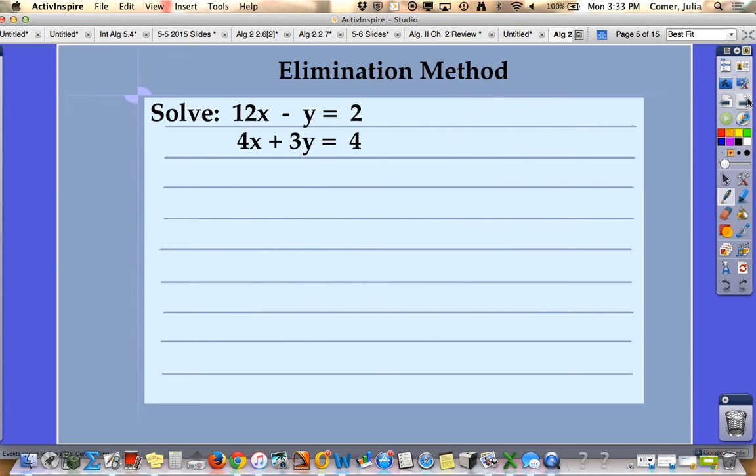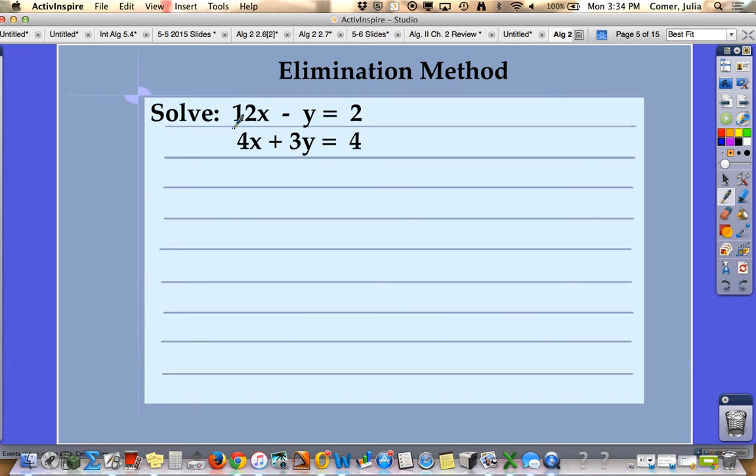If I look at another one that maybe doesn't have two variable coefficients as opposites, if I look at this one, I don't have a 3y and a negative 3y, or I don't have a 12x and a negative 12x. So when I'm looking at this, I'm going to figure out, well, what could I multiply one of the equations by so that those two coefficients drop out.